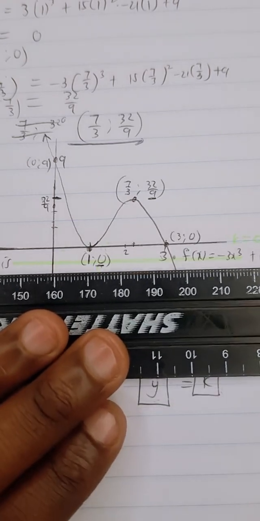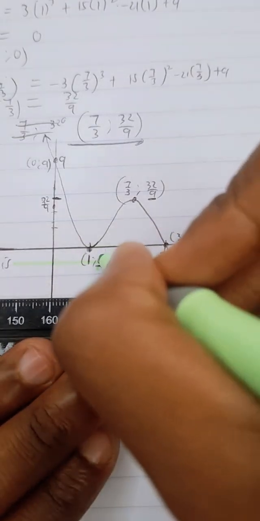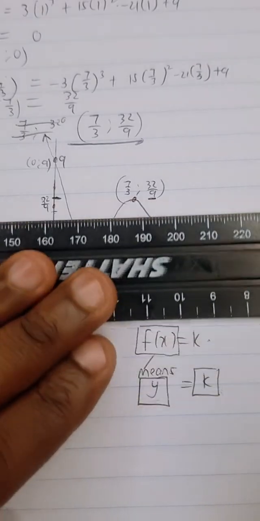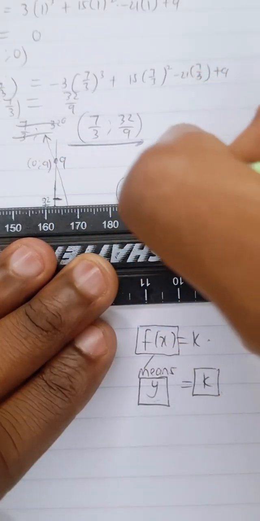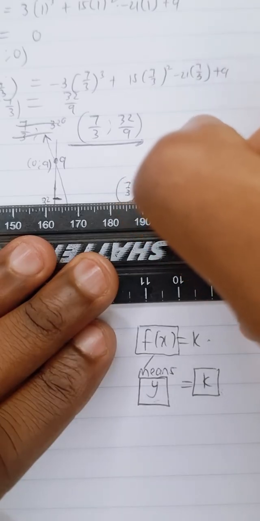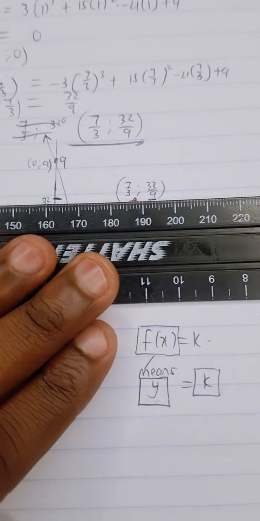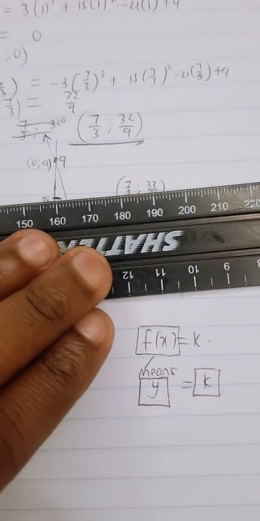Let us backtrack again. We have exactly 1 where k is less than the y value of the stationary point. We also have exactly 1 where y is greater than 32 over 9, in other words, where k is greater than 32 over 9, because k and y are pretty much the same thing.